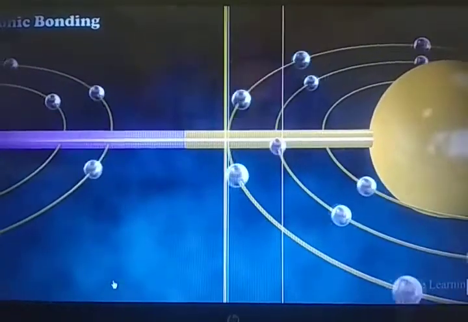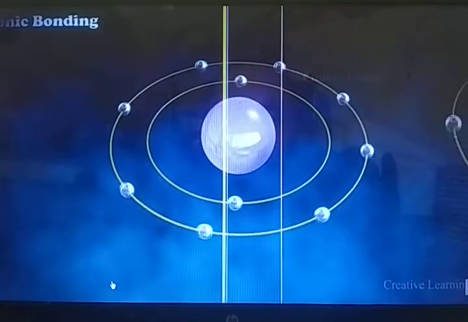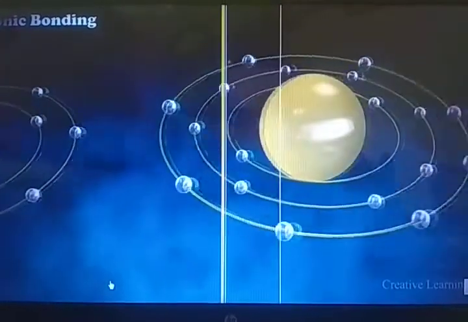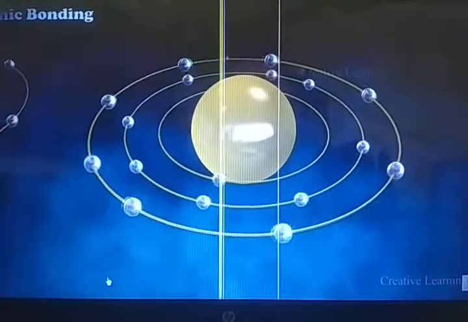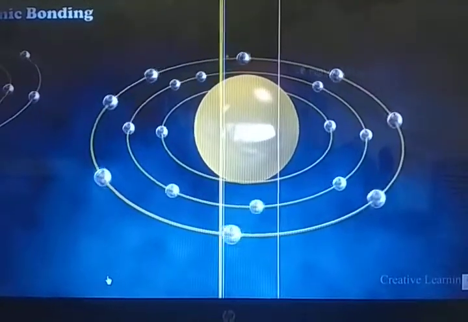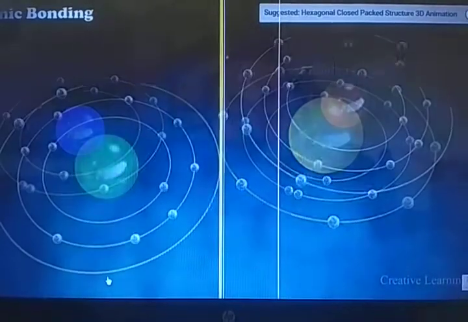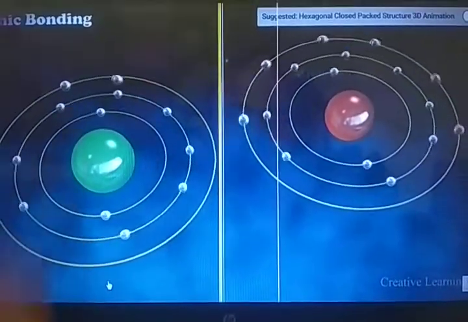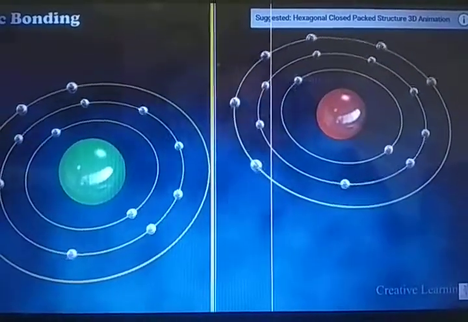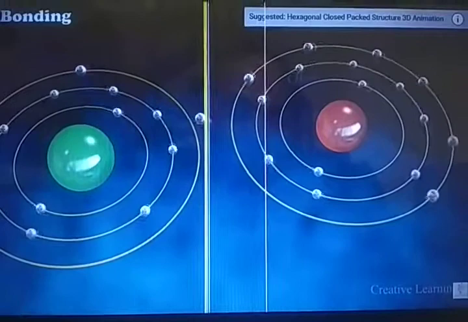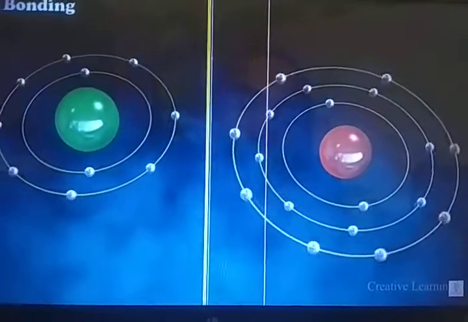The first one loses the electron, that is, from the metal it loses the electron from the outermost shell, and the second one receives it in the outermost shell. That means both of them have 8 electrons in the outermost shell. Both of them have achieved the noble gas electron configuration. This type of bonding is an ionic bond.